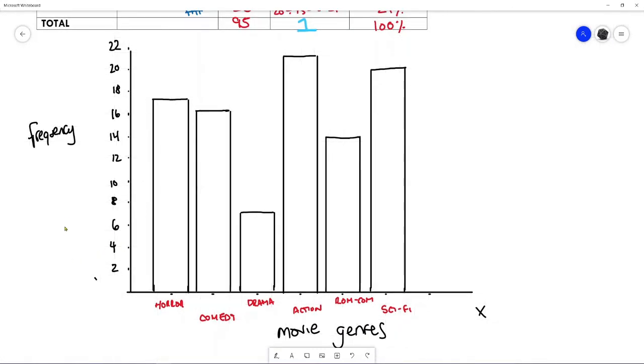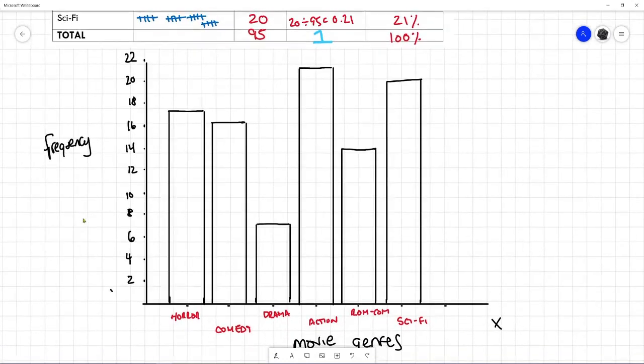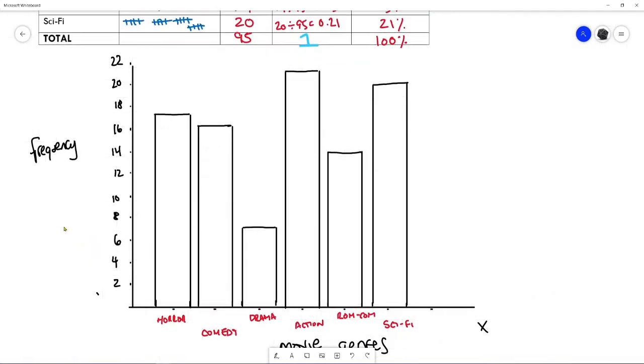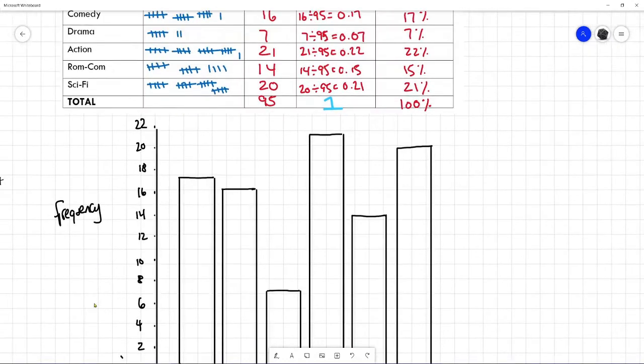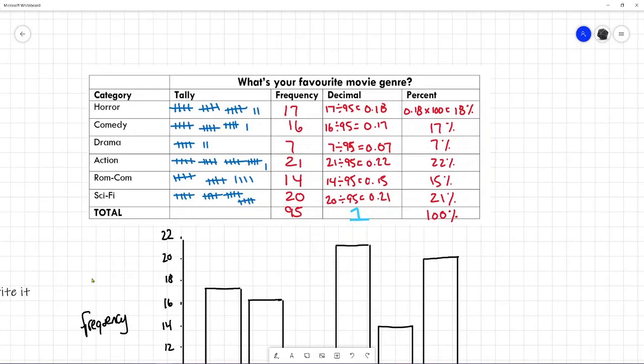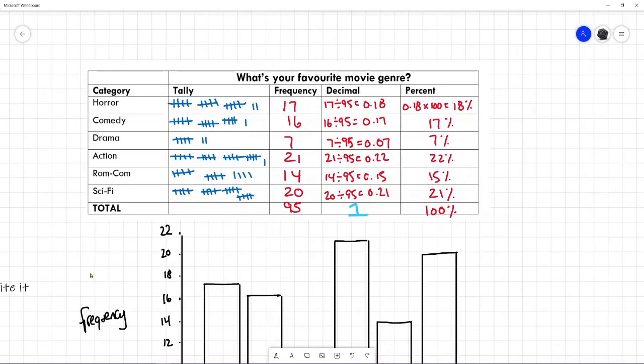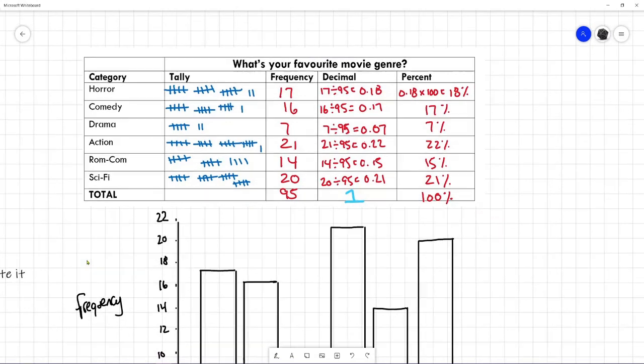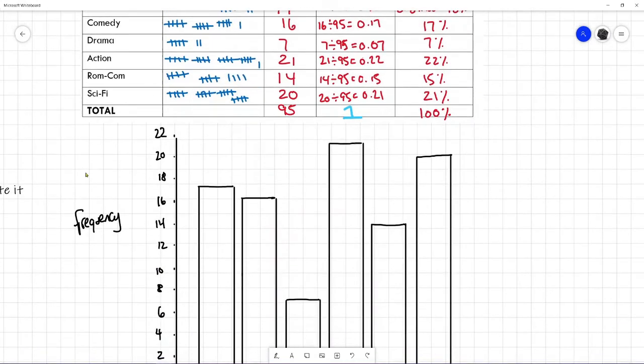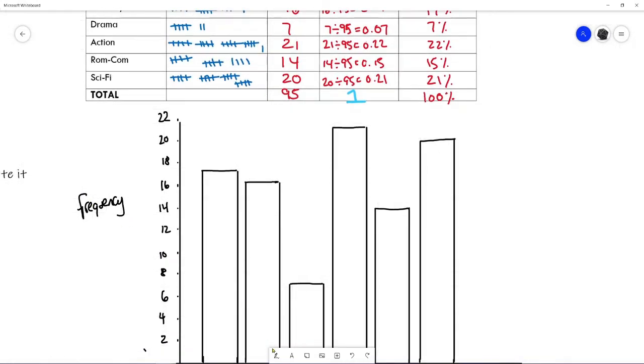There's only one last thing to do, and that is give our graph a title. And luckily, because we're working from a frequency table, we actually know the title of our graph. It's not necessarily what's your favorite movie genre, but the title of our graph could be something like, I'm going to write this out. Let's do it in red so that it shows.